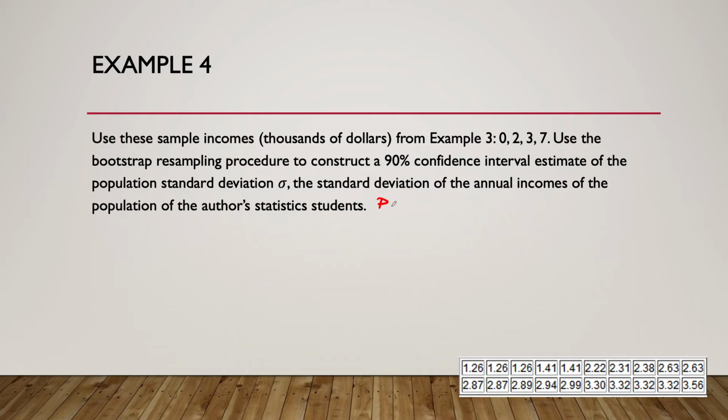The 5th percentile is going to be 1.26, and the 95th percentile is going to be 3.44. So the actual confidence interval is 1.26 less than sigma less than 3.44.